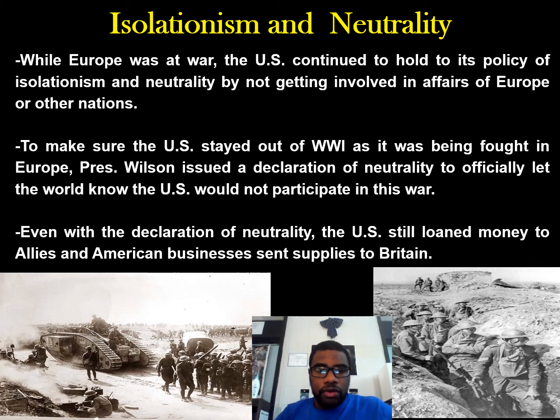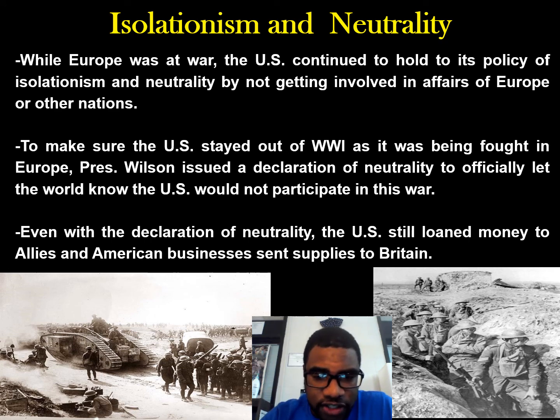To make sure the U.S. stayed out of World War One as it was being fought in Europe, President Wilson issued a declaration of neutrality to officially let the world know the U.S. would not participate in the war.